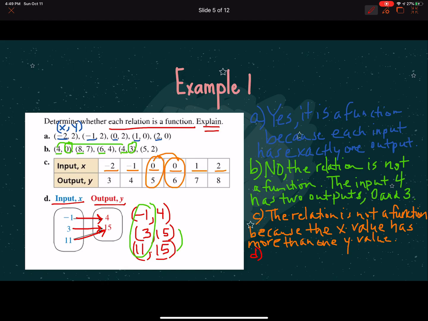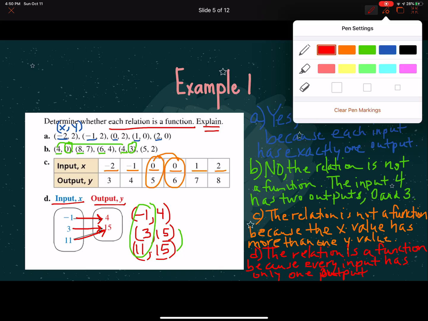So for our explanation, we can say the relation is a function because every input has only one output.